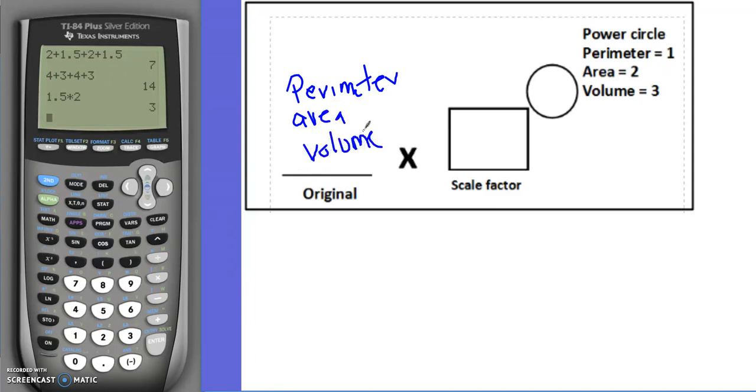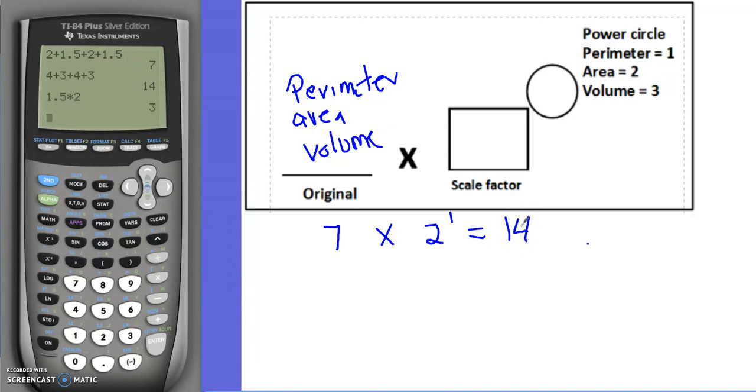So if we go back to the example we just did, the original perimeter was 7. The scale factor was 2. And perimeter we're going to do to a power of 1. So 2 to the power of 1 is 2. 2 times 7 is 14.